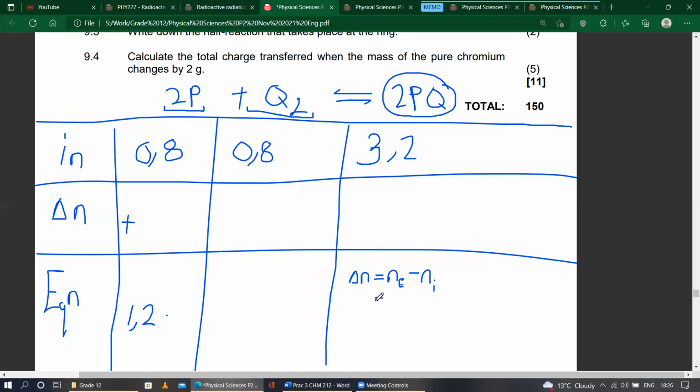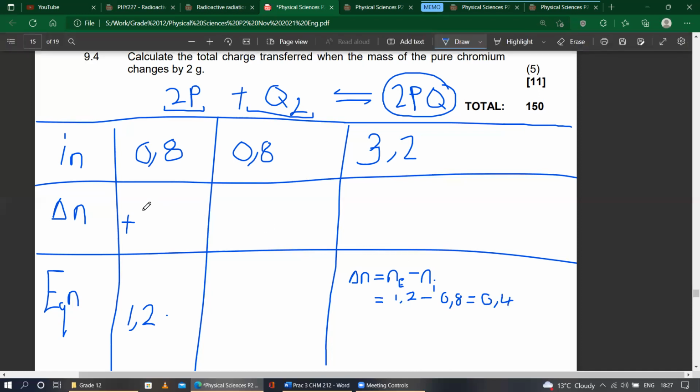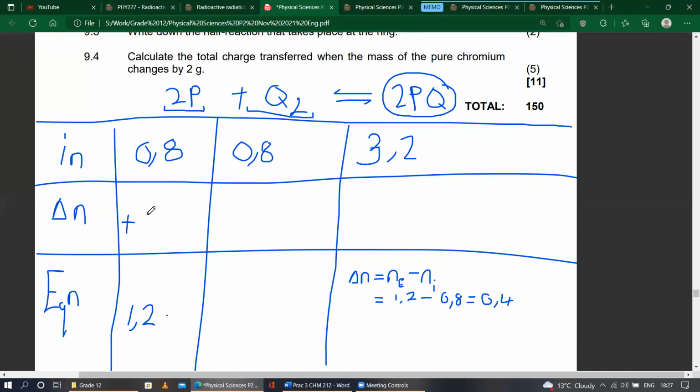So that's gonna give us 1.2 minus 0.8. I think that's gonna be 0.4, right? Then you have to show the positive sign to show that the number of moles have been added and not lost. So it's gonna be plus 0.4 moles.